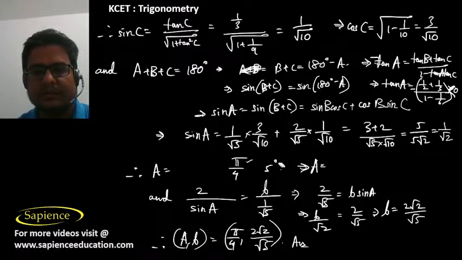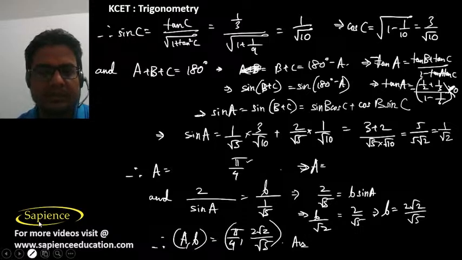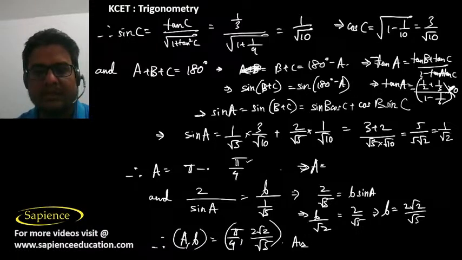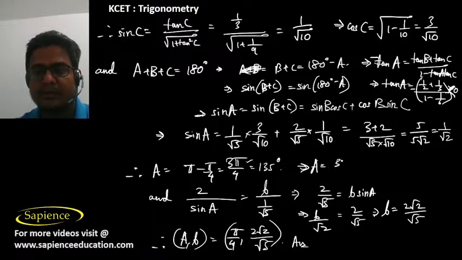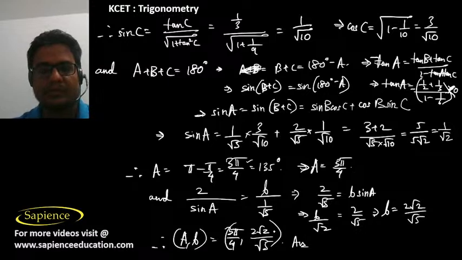Then A should be pi minus pi by 4, that is equal to 3 pi by 4, which is equal to 135 degrees. So A is 3 pi by 4. So the answer will be 3 pi by 4 comma 2 root 2 by root 5.